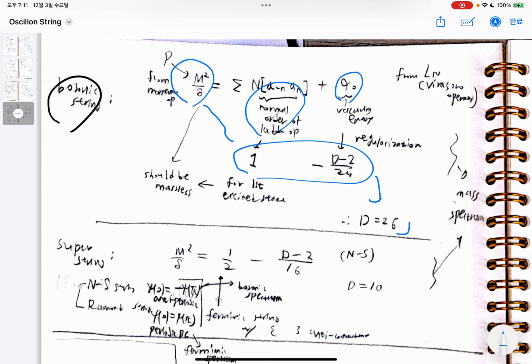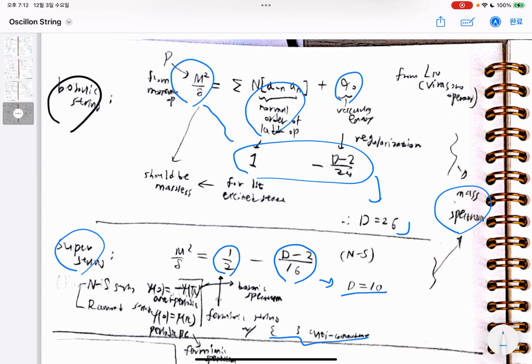And also we can obtain the other excited states, the mass spectrum. For the superstring case, including the fermionic string, the normal ordering part for the first excited state gives 1/2, because fermionic strings are constructed with anticommutators of the operators, and the vacuum energy gives like that.